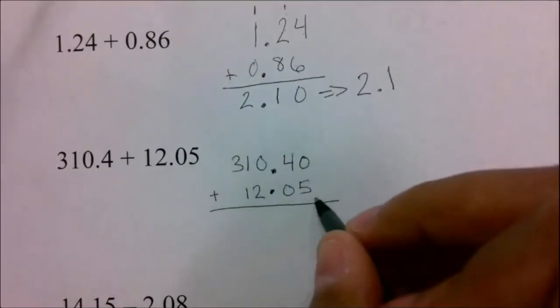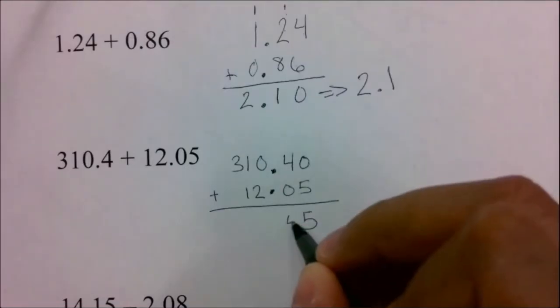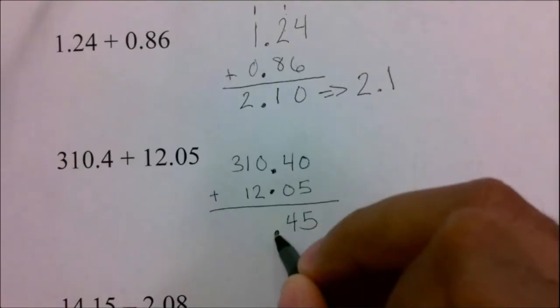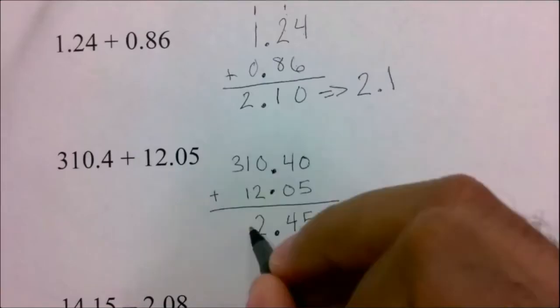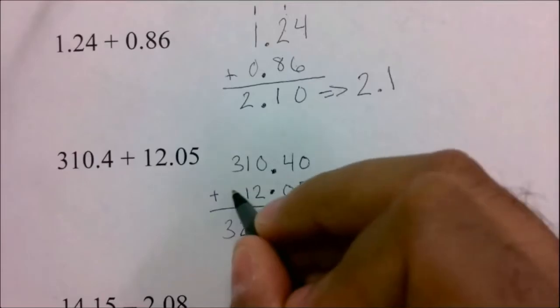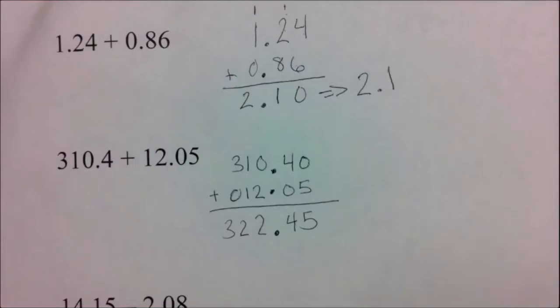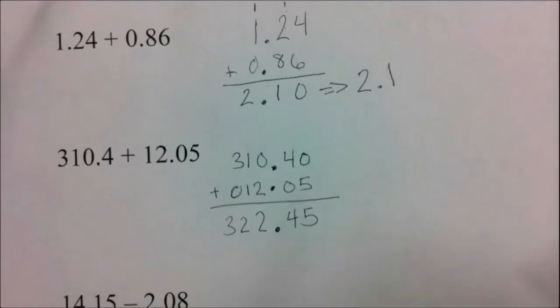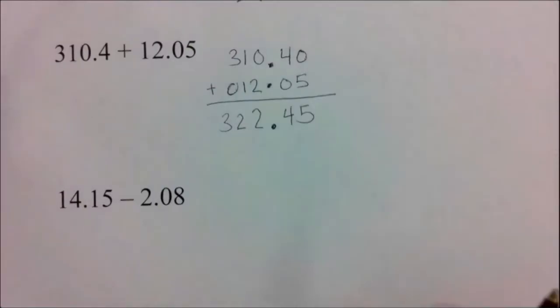So 0 plus 5 is 5. 4 plus 0 is 4. Bring down a decimal point. 0 plus 2 is 2. 1 plus 1, 2. 3 plus pretty much nothing, or 0 if you want to put it there. So our answer should be 322.45.